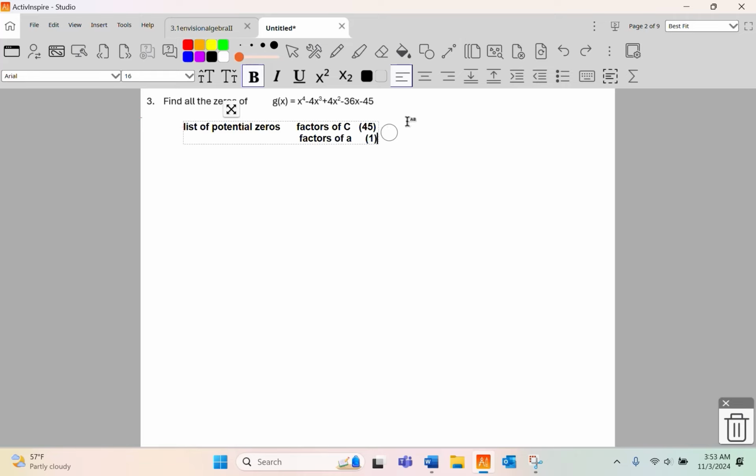Factors of 45 is a pretty long list. It's 1, 3, 5, 9, 15, 45. That's your list of factors. And don't forget the plus or minus symbol.